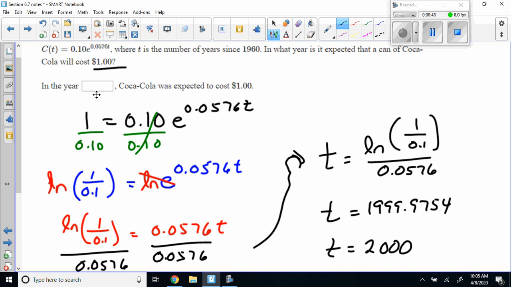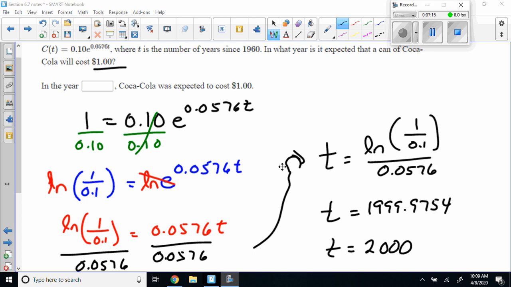Now, I think it was maybe more than that, but it could have been. I don't know. If you get curious enough, you can look it up, see what the cost of a Coke was in the year 2000, and see how close we are. Matter of fact, hold on, I'll do it.